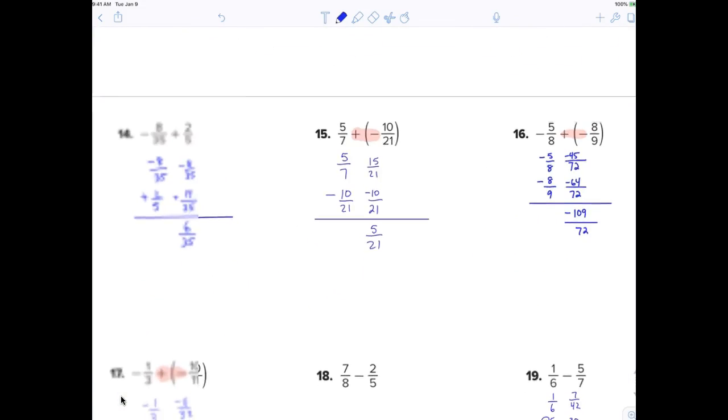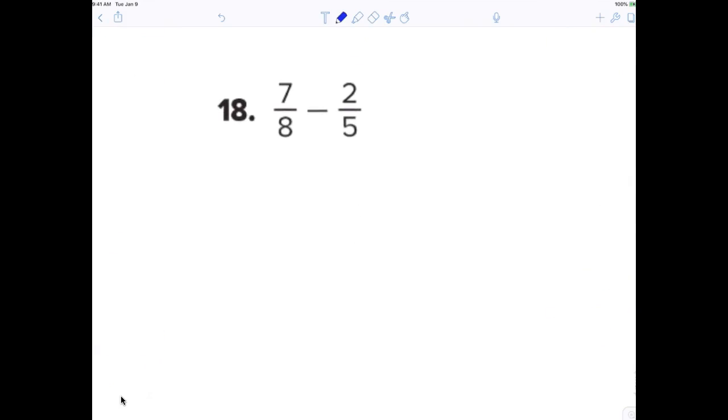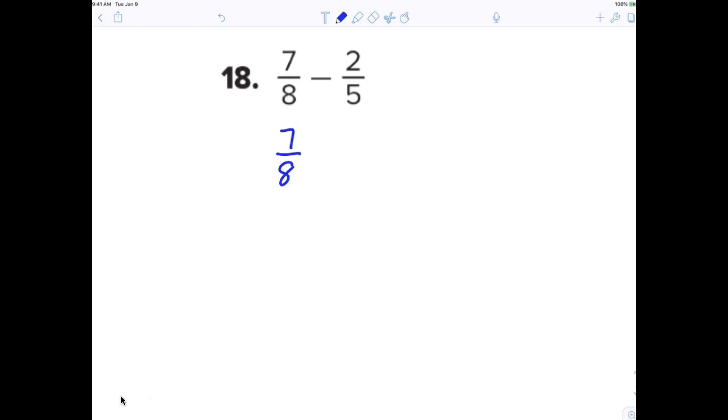All right, Max, 18. What's the common denominator here? I'll let you write it down. Ooh, that's a good job already. 40 is nice. Are they relatively prime? Do you know what that means? Yes, they are relatively prime because 8 and 5 have no common factors.